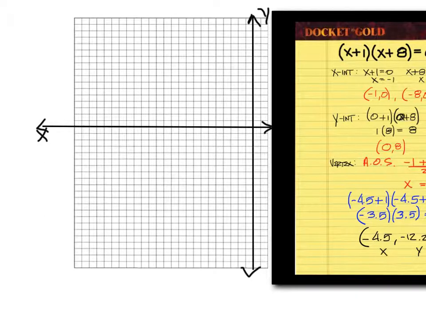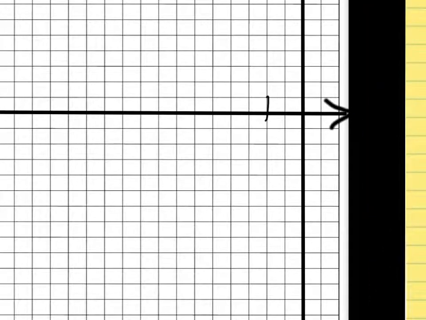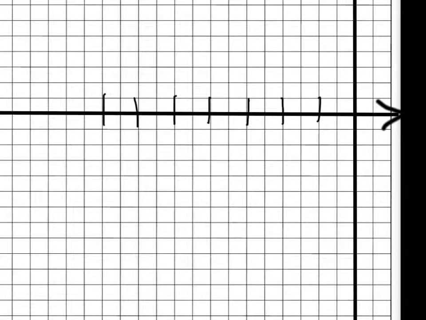For our x-axis, we have to go from 0 on the right over to negative 8 on the left. Let's try to do that by 2 and see if it will fit in there. There's 1, 2, 3, 4, 5, 6, 7, and then 8. That is a negative 8.